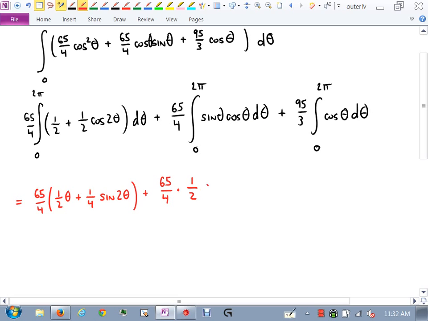One half sine squared theta. Right, derivative of this, the 2 would come out, hit that, and then you would have sine theta, and then derivative of sine theta is cosine theta, so that's this. And then the last one, antiderivative of cosine theta is sine theta. And now we have from 0 to 2 pi.